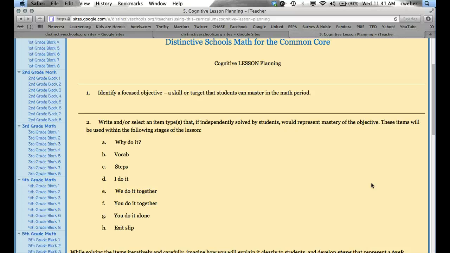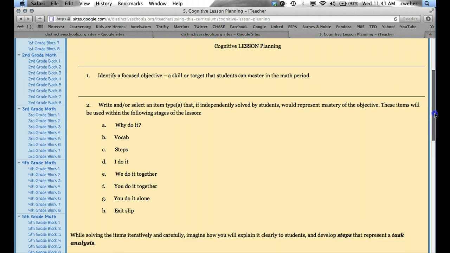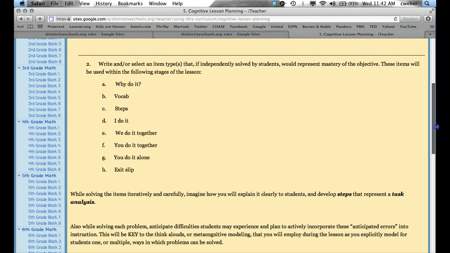So we just want to be cautious consumers, me and you, when we're looking at the items to ensure that they actually do directly relate to the standard itself, if in fact that's what we're trying to do. So that's the second step. Identify items that you're going to be utilizing with the kiddos.